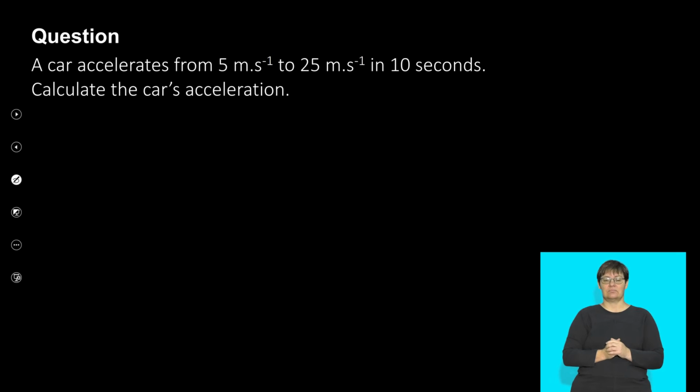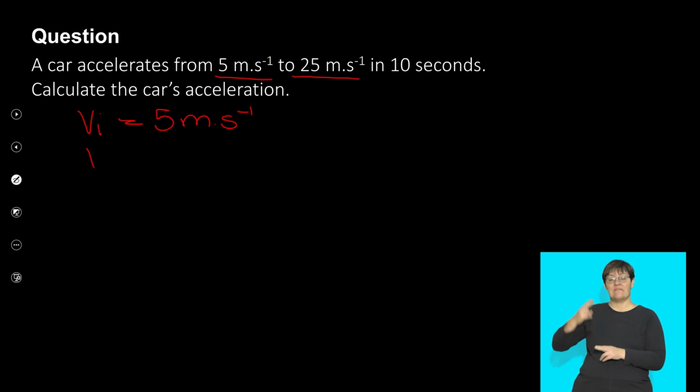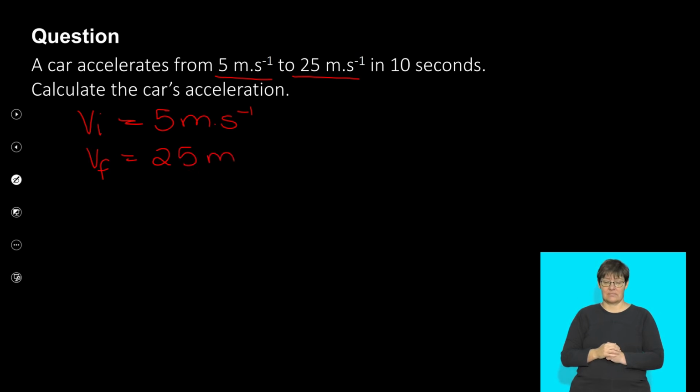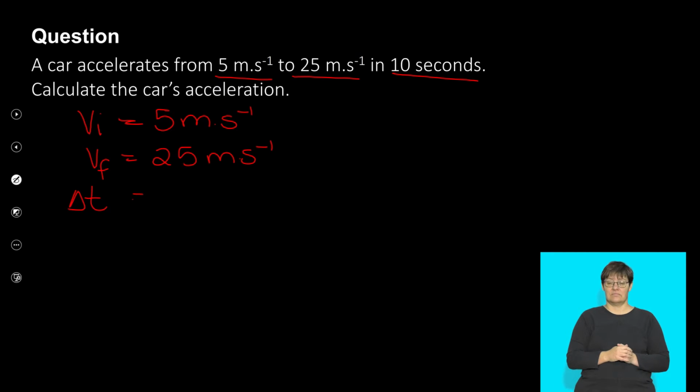So, this 5 is my initial velocity. It's what it started as. The 25 is my final velocity. The time is 10 seconds. That's changing time.